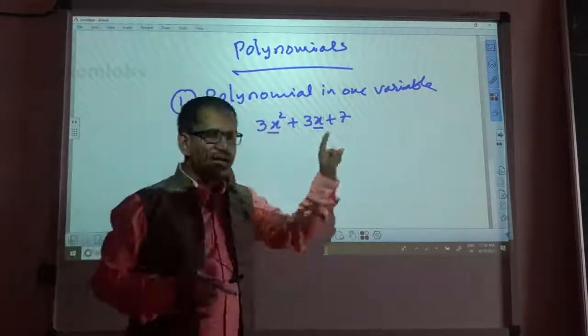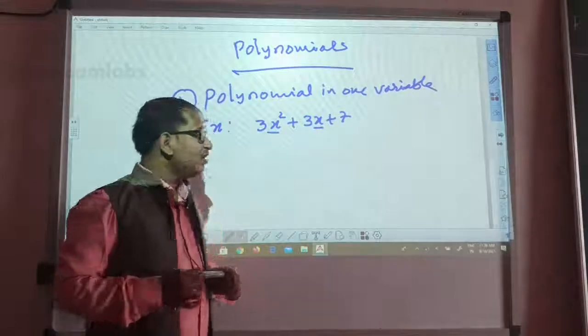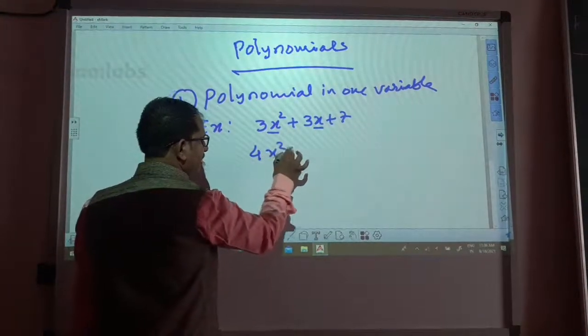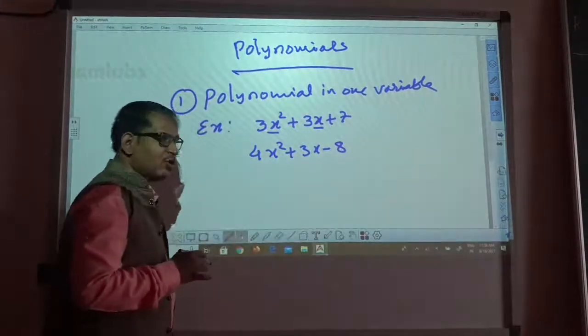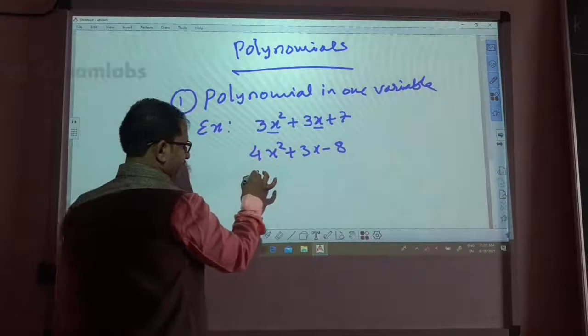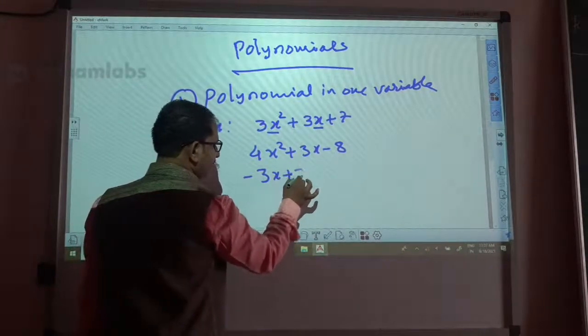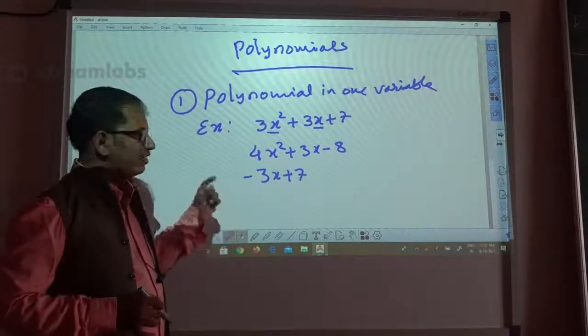So we can call it a polynomial in one variable. If we write 4x square plus 3x minus 8, this is also a polynomial in one variable. If we write minus 3x plus 7, then this is also a polynomial in one variable.